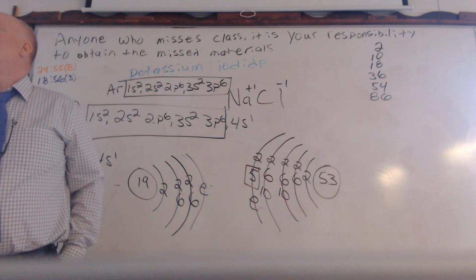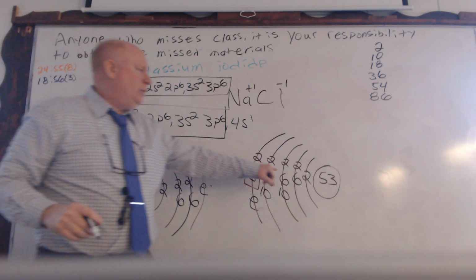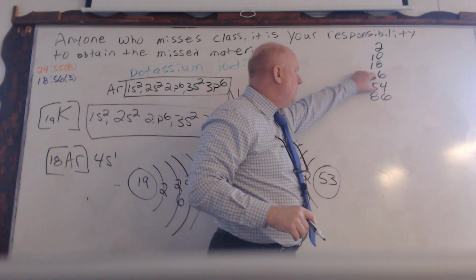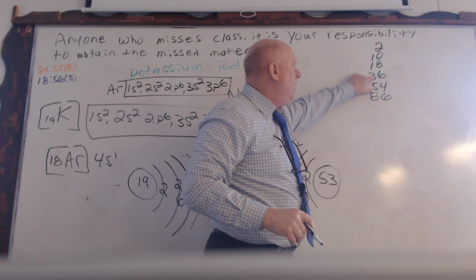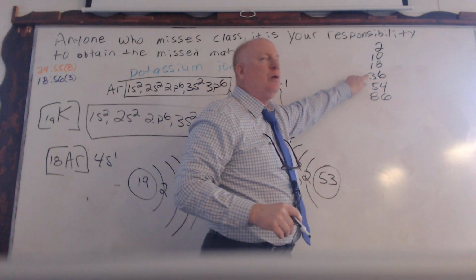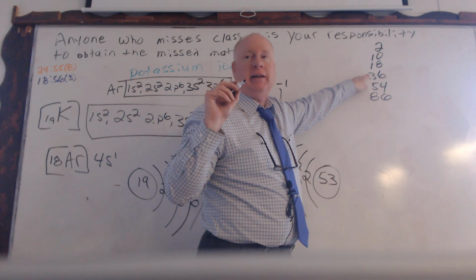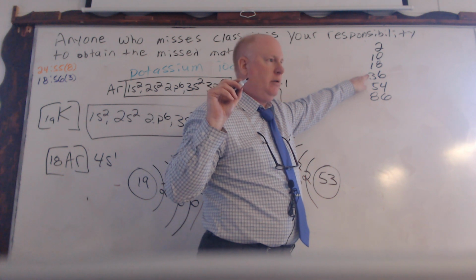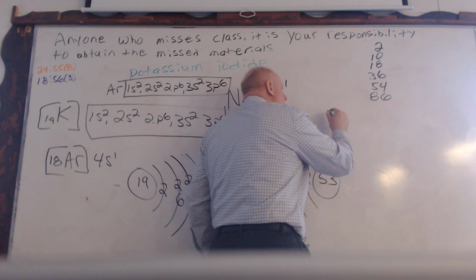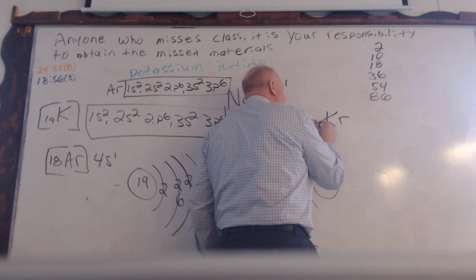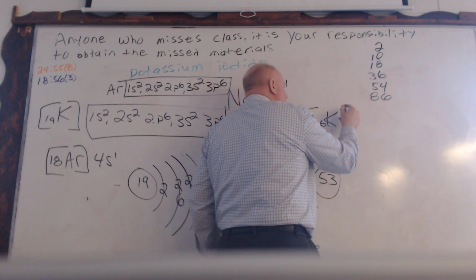So, we can't use xenon here. We can't go up, but we can go down. What is element 36? Krypton. We're already up to number 36.